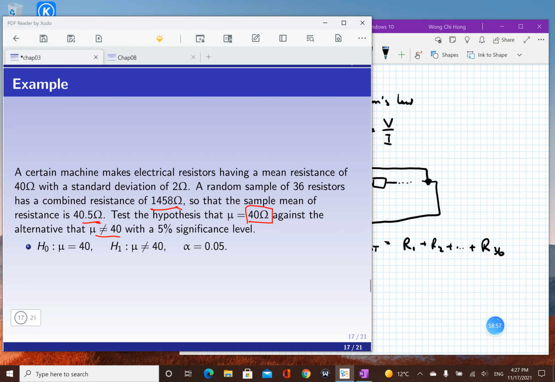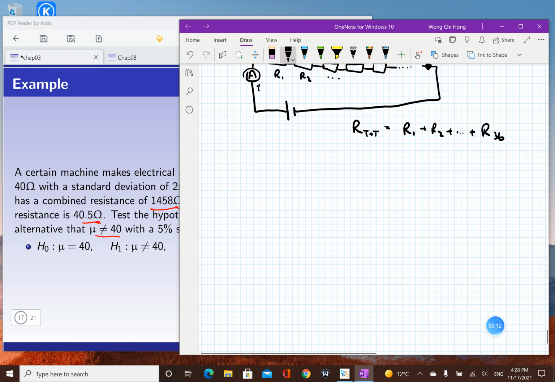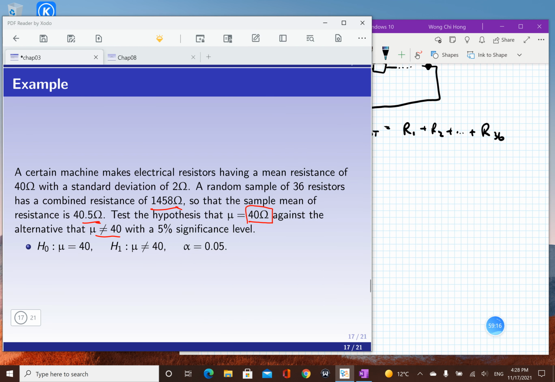This 40.5 should be fairly close to the true one, and the little difference of 0.5 is a bit too large if you have a sample size of that many. Would you think? So these things depend on the sample size as well.